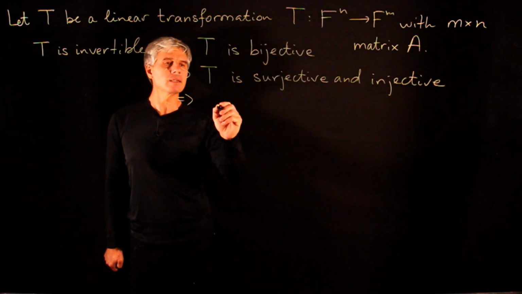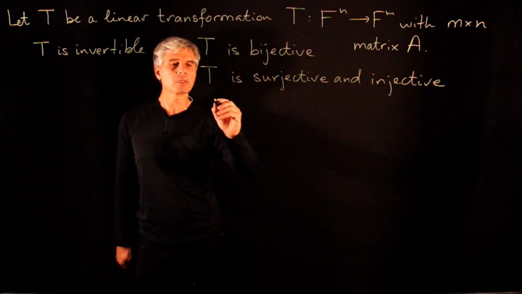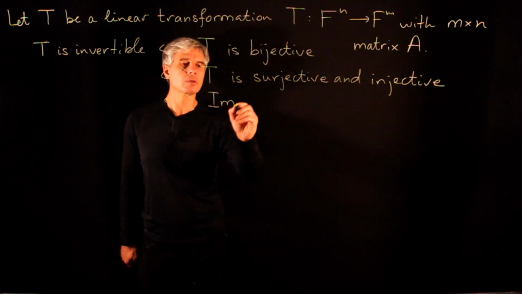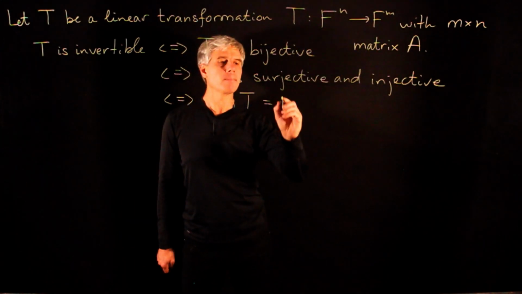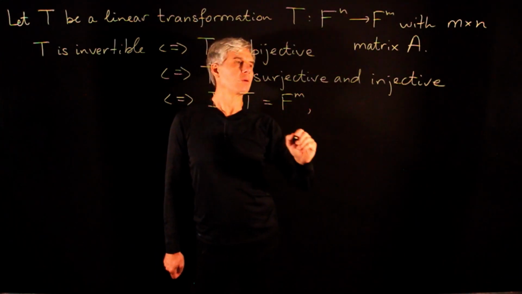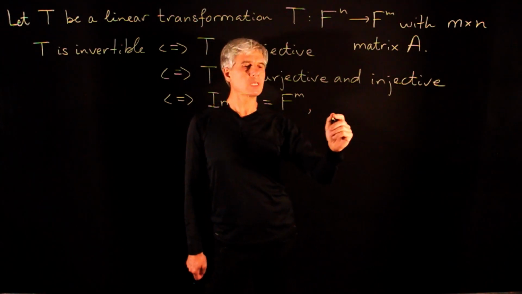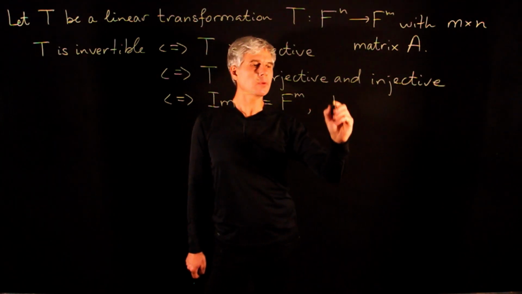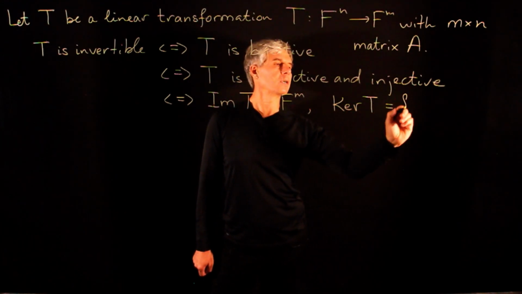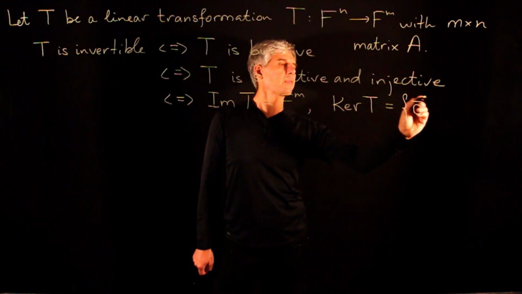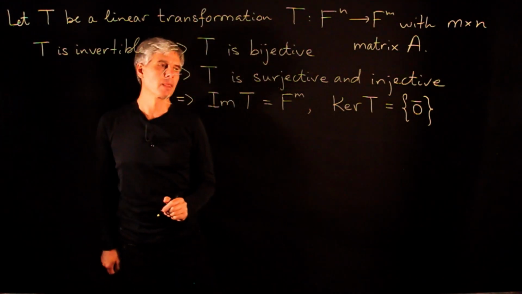Surjectivity of T is equivalent to saying that the image of T is the whole space Fm, while injectivity of T is equivalent to saying that the kernel of T is the zero vector.